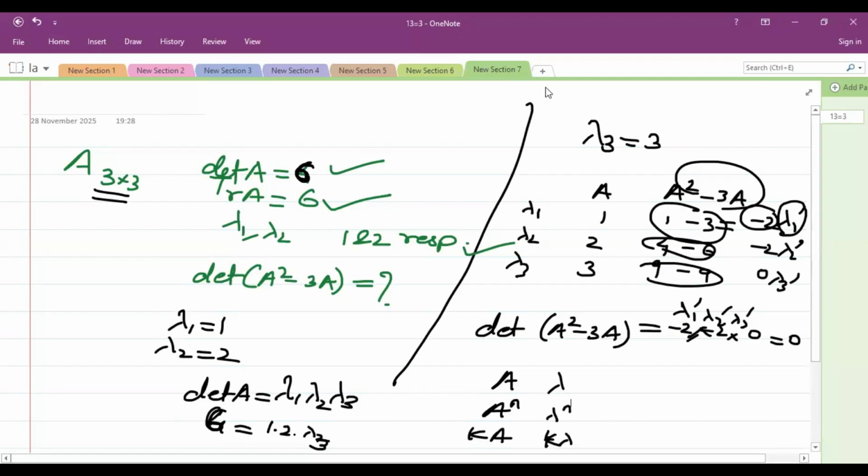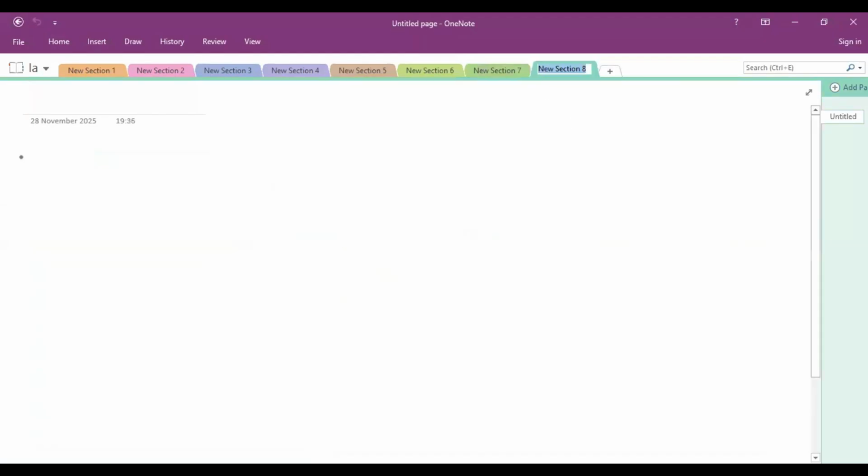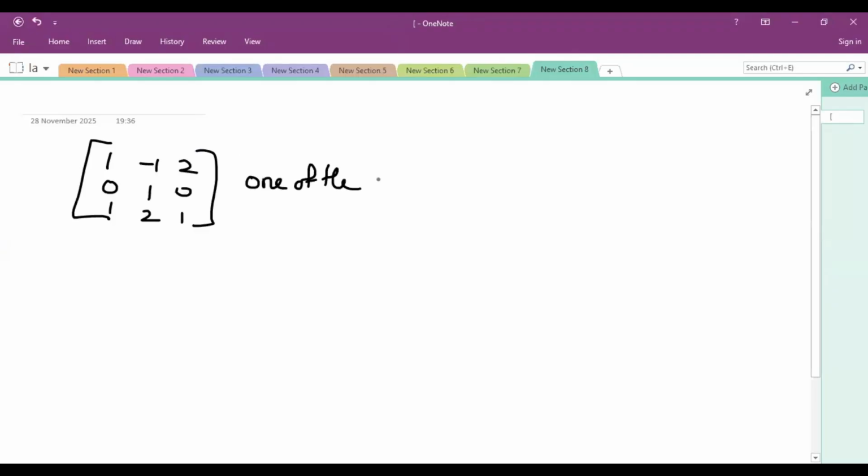Okay, let's take one example on eigenvectors and then we'll change the track. Say we have the matrix 1, minus 1, 2; 0, 1, 0; 1, 2, 1, and one of the eigenvalues of this matrix is 1.